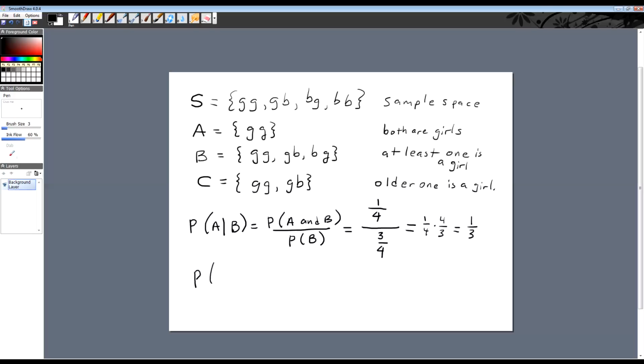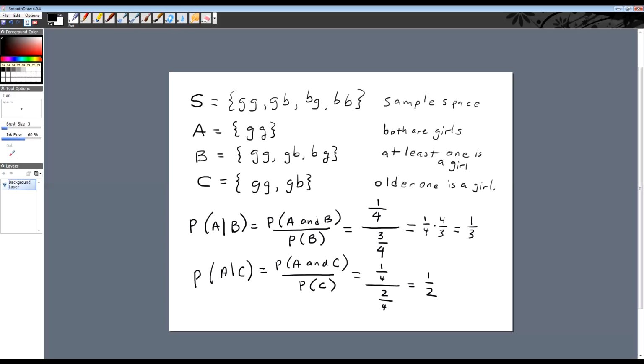So the probability of A given C is the probability of A and C divided by probability of C. So A and C, again, there's one intersect here, GG, so 1 over the 4 divided by the probability of C, which is 2 over 4, comes down to 1 over 2.